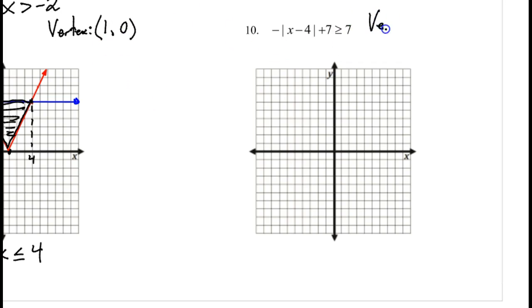Here we have a vertex at +4, 7. So 1, 2, 3, 4. 1, 2, 3, 4, 5, 6, 7. With a slope of -1/1. Okay, so it's going down diagonal and straight edge.